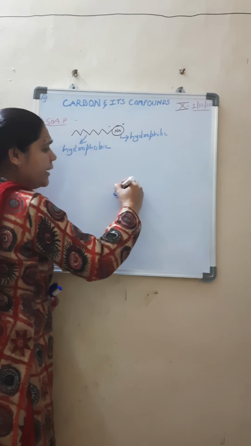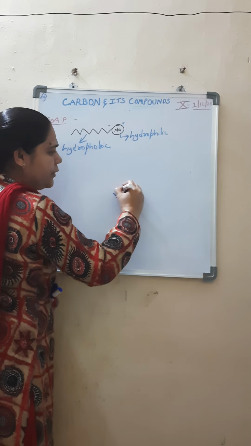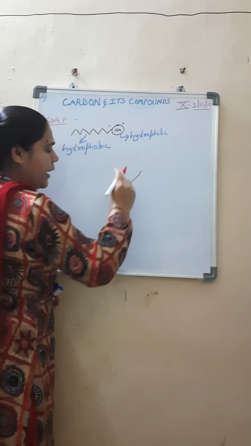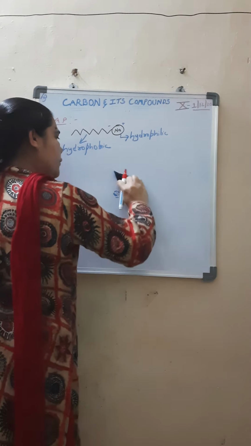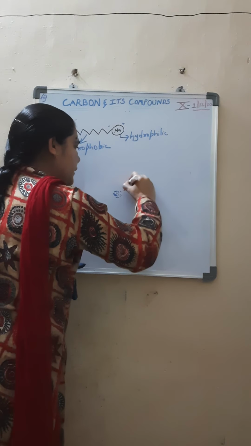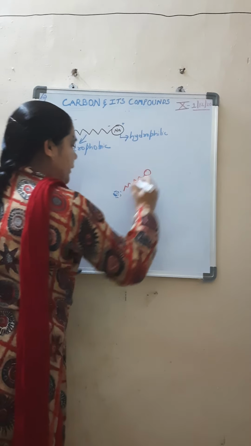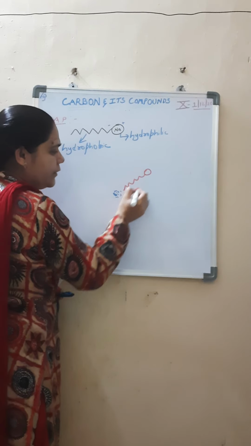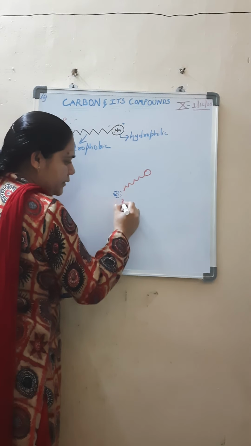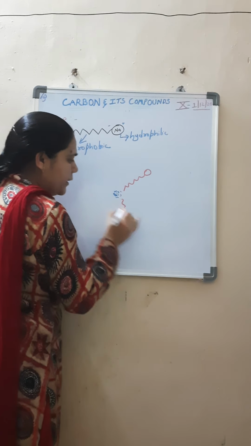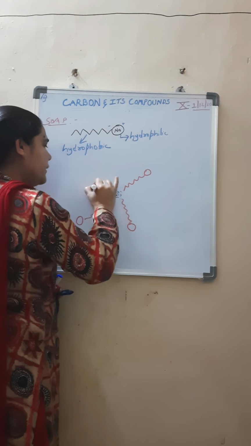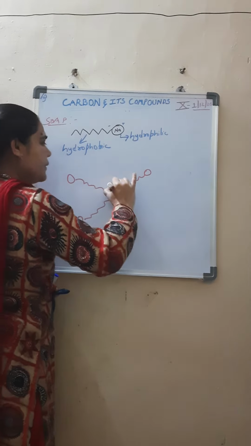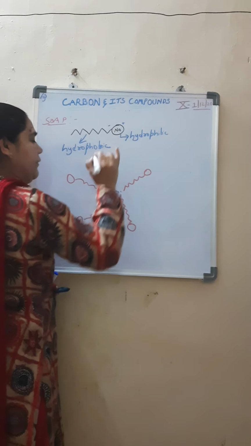So the tail end, which is hydrophobic by nature, is going to cling to the dirt particle. Like that, for many soap molecules, the tail part is going to cling to the dirt molecule.